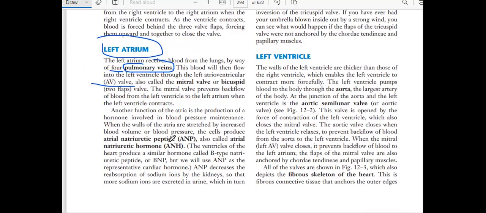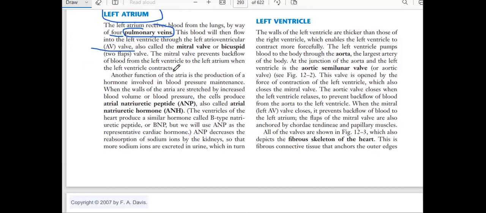Another function of the atria is the production of hormones involved in blood pressure maintenance. When the walls of the atria are stretched by increased blood volume and blood pressure, the cells produce atrial natriuretic peptide, also called atrial natriuretic hormone.